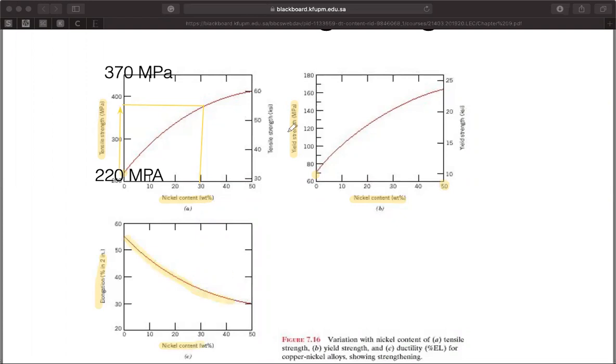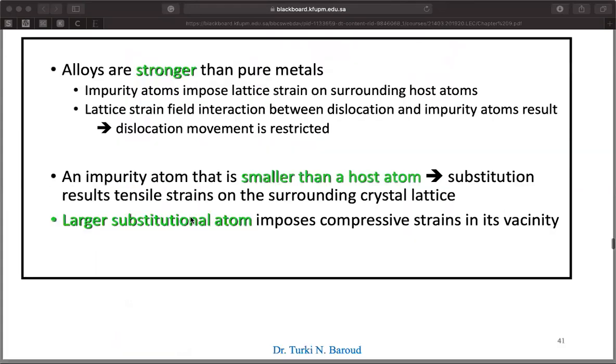Now the question: why is the strength of the material increasing as you add those impurities? To answer this question, you need to see what's happening as a consequence of adding those impurities to the material.